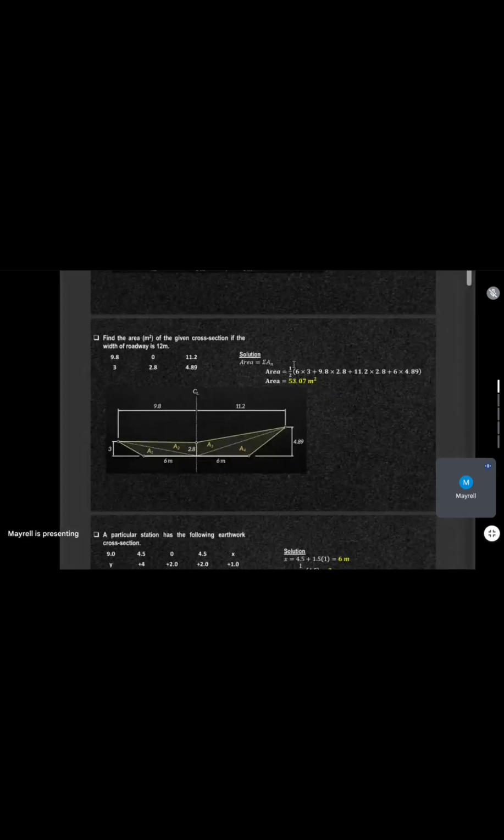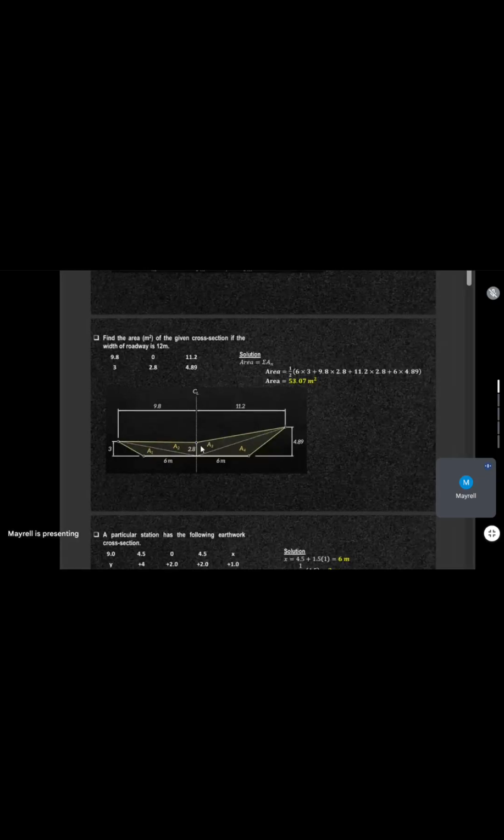Okay, so area is one half for area 1, one half 6 times 3. So it's 6 times 3 plus area 2. So for area 2, that's 9.8 times 2.8. So 9.8 times 2.8 plus area 3.